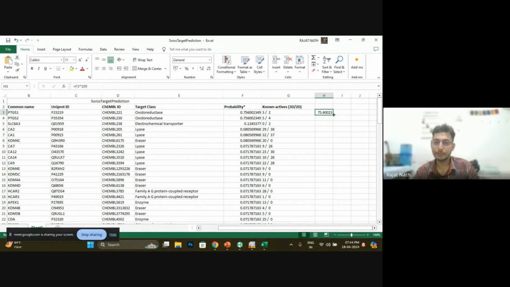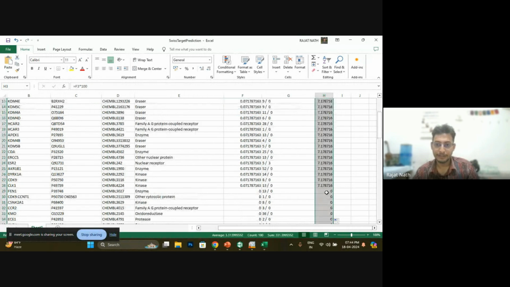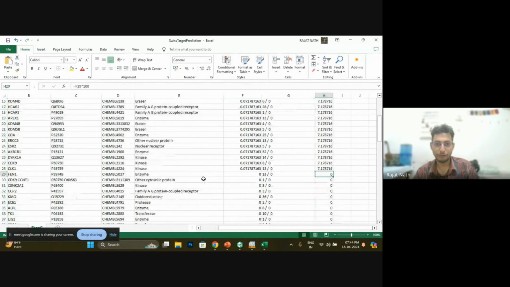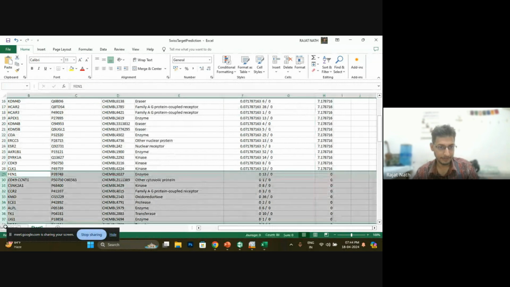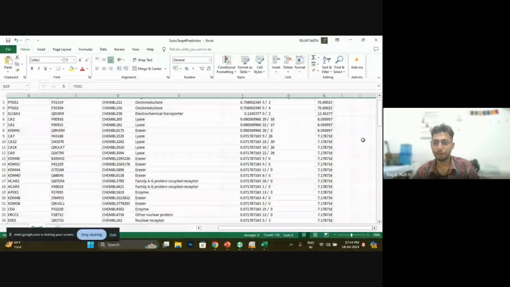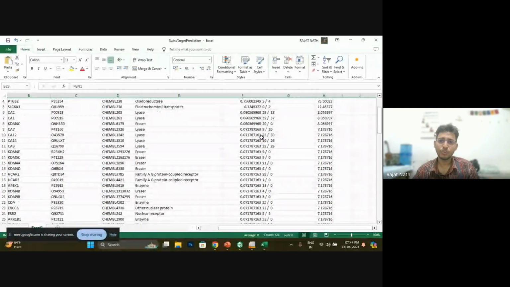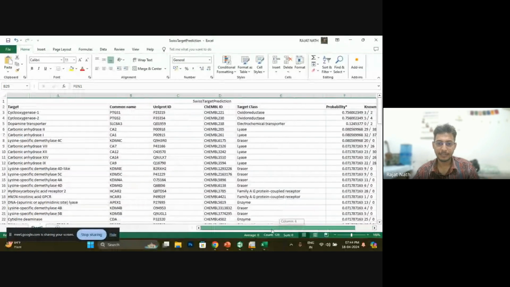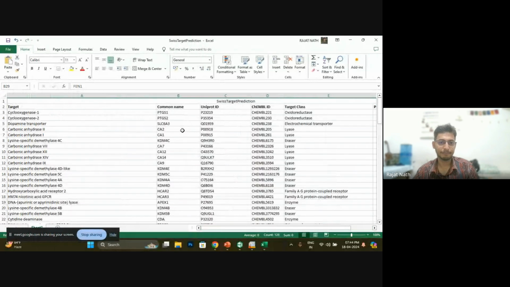It is showing 0% probability, so we will not consider those; we'll consider the upward ones. So this was the target prediction, and you can get the targets by this.